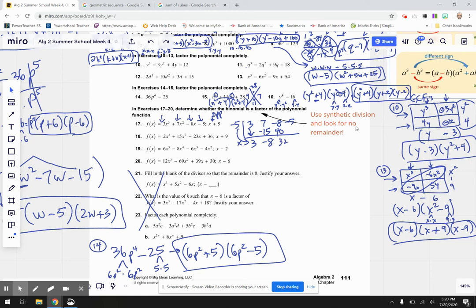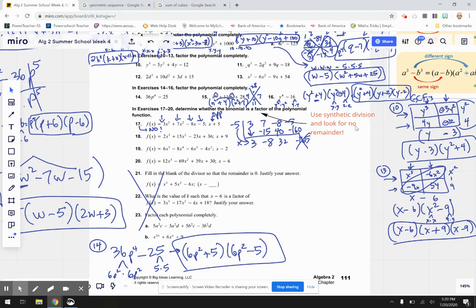And then negative 5 times 32 is negative 160. When you combine those, you're going to get a negative 165. So this one is definitely a no. We're looking for one that comes out with 0. So 17 is a no. It has a remainder, so it doesn't work.